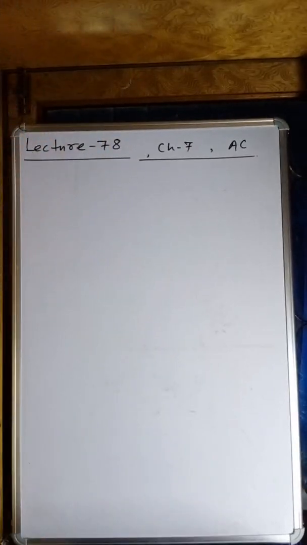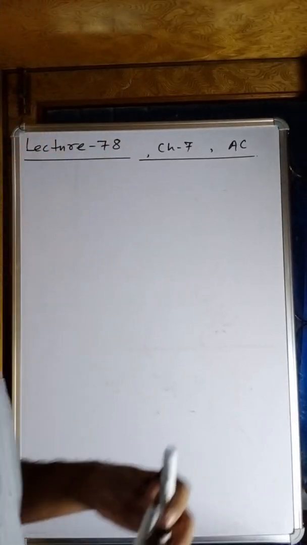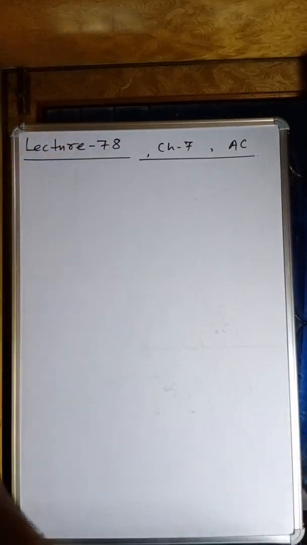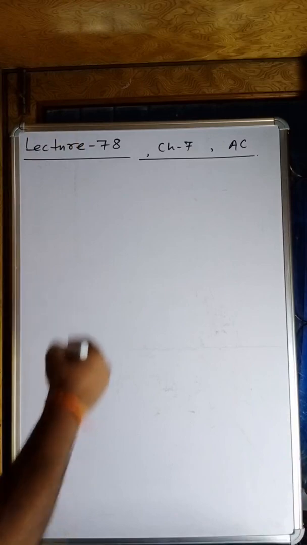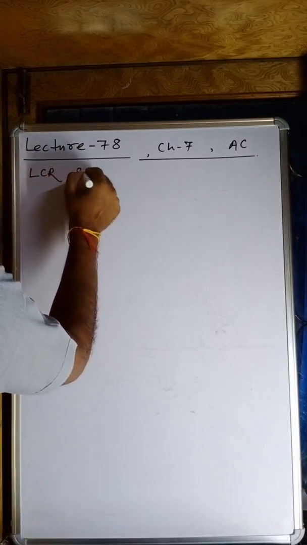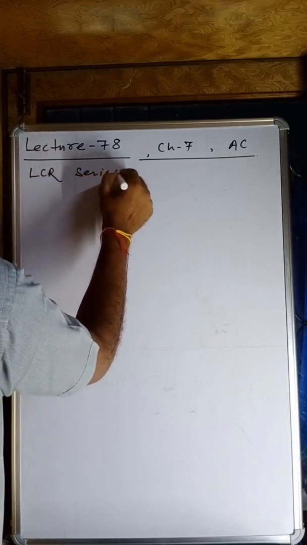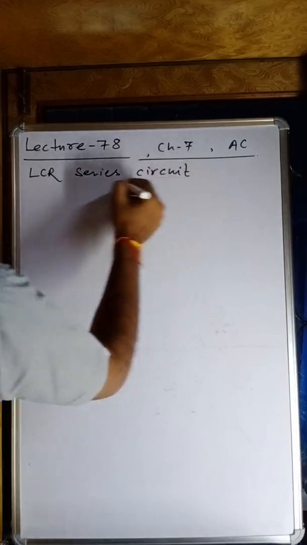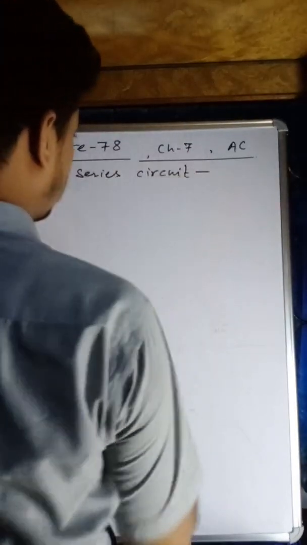We have studied the phasor diagram as well. Today we are going to find the combined effect of L, C and R, that is the LCR series circuit. This is very important, my dear students. LCR series circuit.